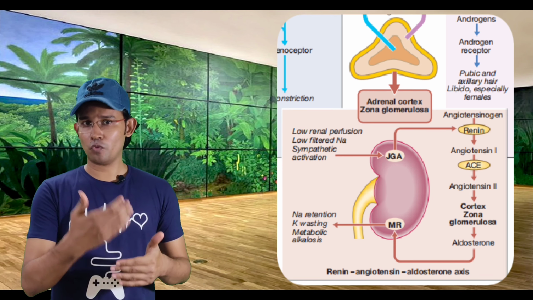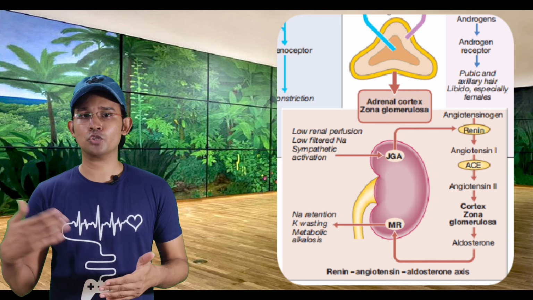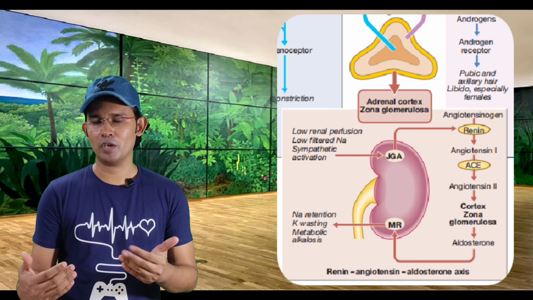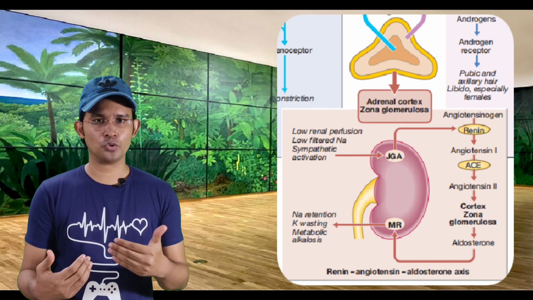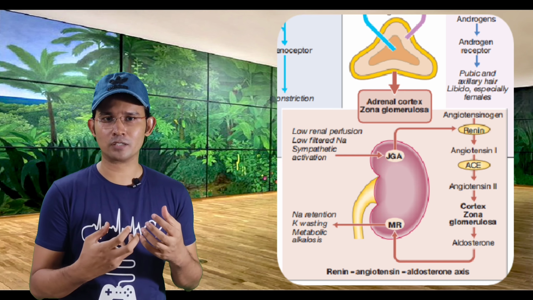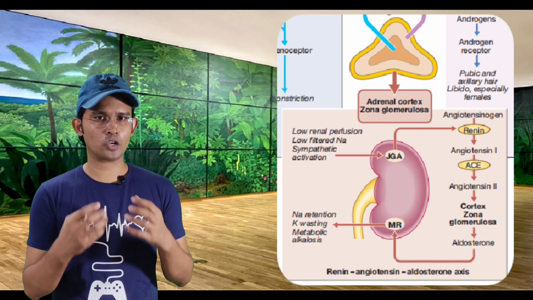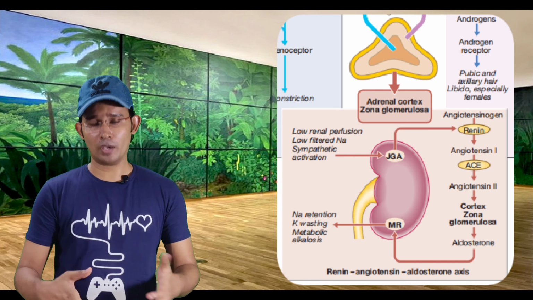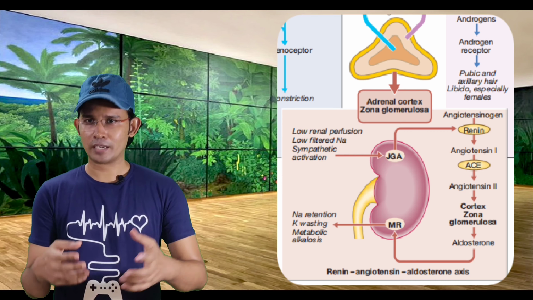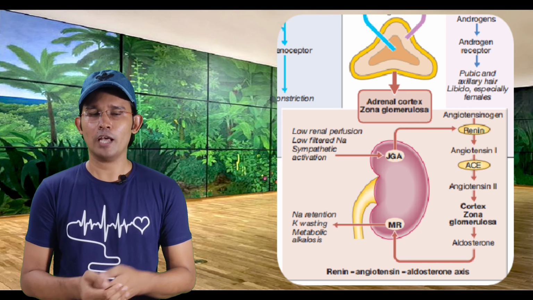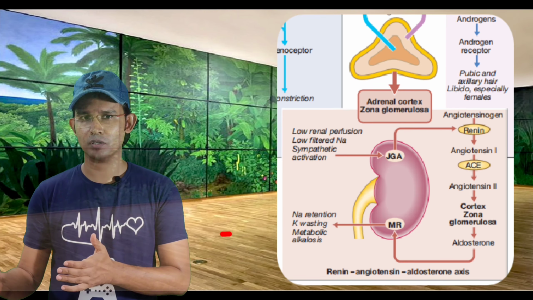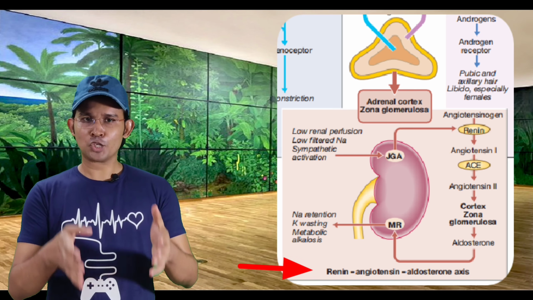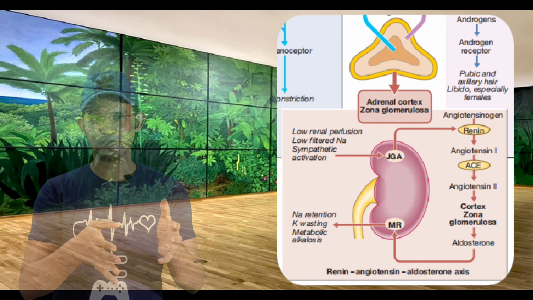Then angiotensin 1 is converted to angiotensin 2 by the help of angiotensin converting enzyme. Angiotensin 2 goes to the adrenal cortex and stimulates zona glomerulosa to secrete aldosterone. And in the kidneys, it acts on the renal tubules, leading to sodium reabsorption and potassium excretion. This is how the renin angiotensin aldosterone axis works.